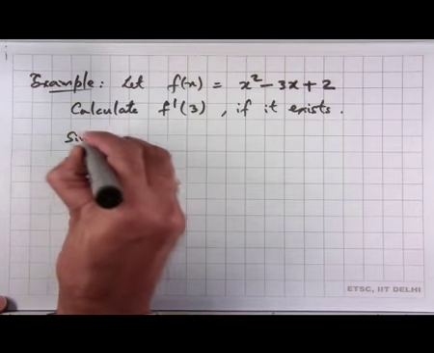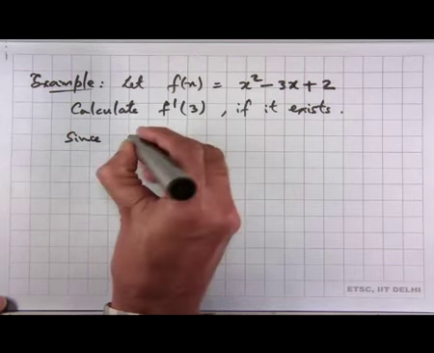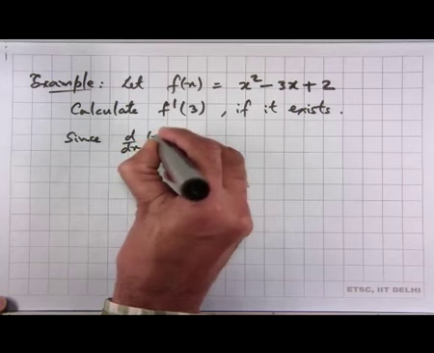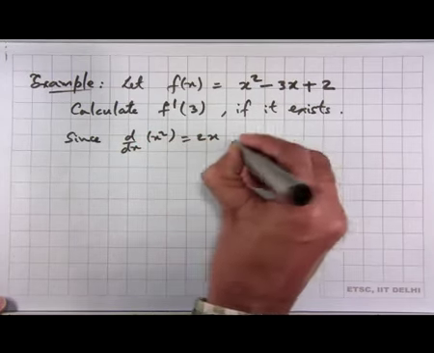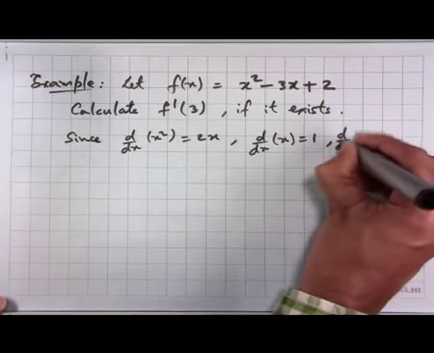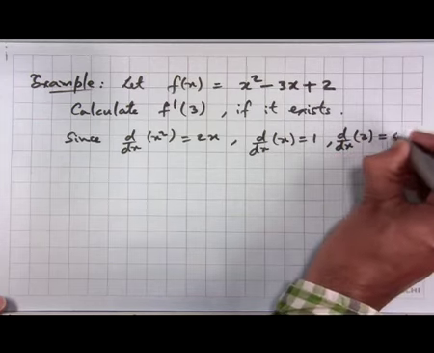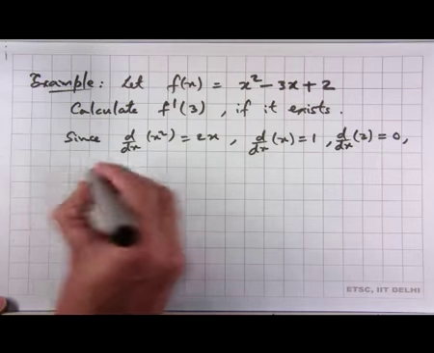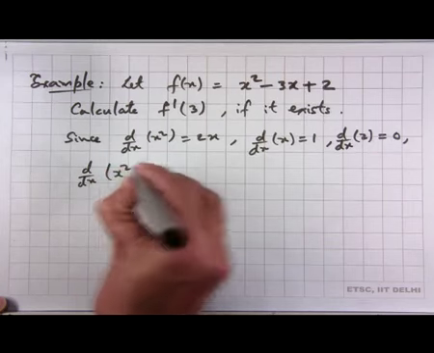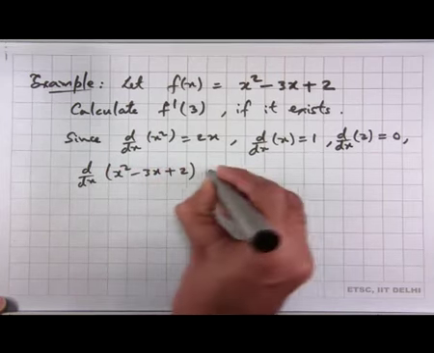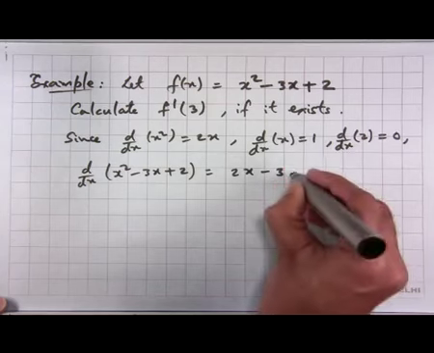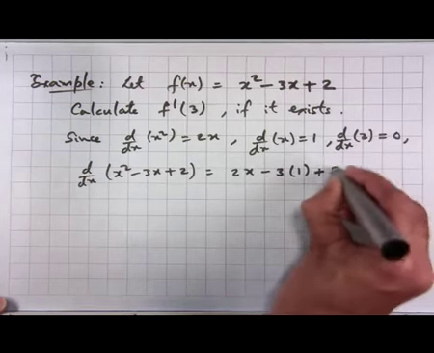So, since d by dx of x square is 2x, d by dx of x is 1 and the derivative of the constant 2 is 0, we have that the derivative of x square minus 3x plus 2 is equal to 2x minus 3 times the derivative of x, which is 1, plus 0.